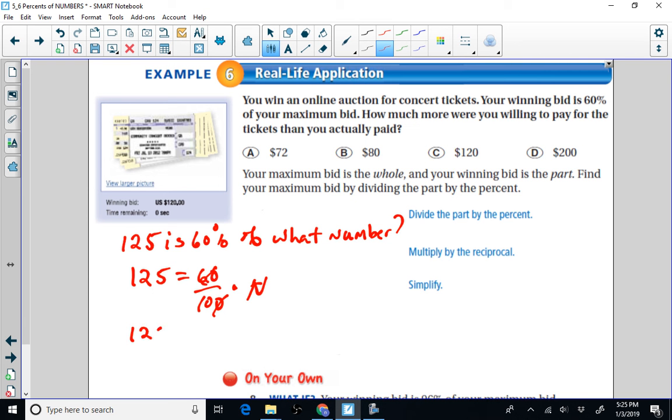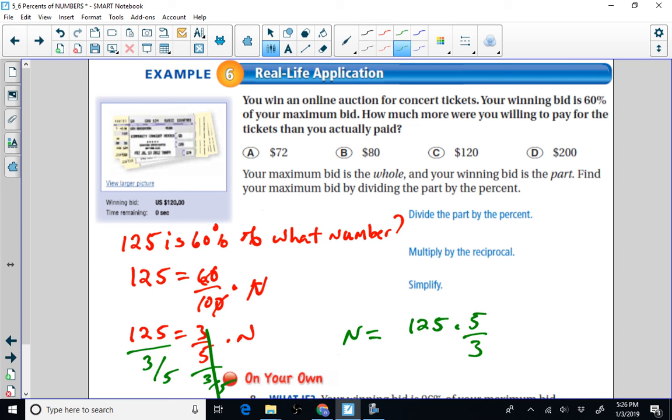So now I have 125 is equal to 3/5 times n. To solve for n, we'd have to divide both sides of the equation by 3/5. Divide by 3/5. They cancel out. So n is equal to 125 divided by 3/5 multiplied by the reciprocal. So that's 125 times 5/3.